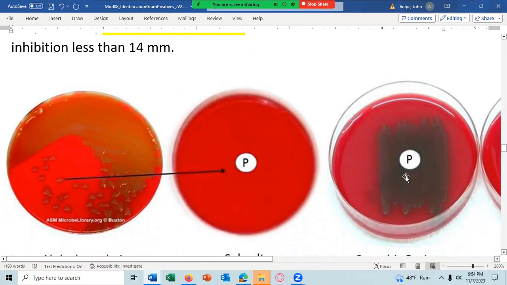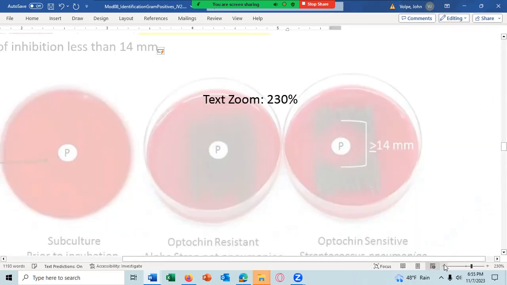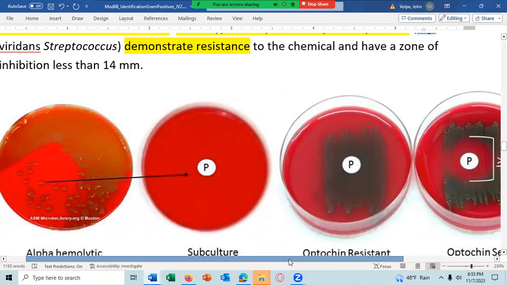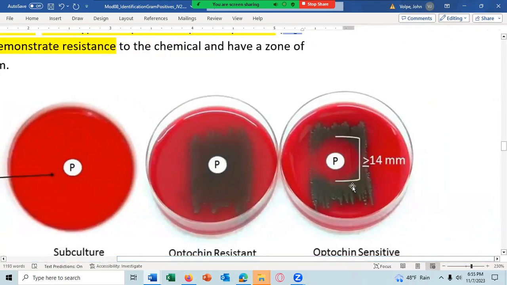And if there's no sensitivity, then it is not sensitive to optochin and it's not Streptococcus pneumoniae. If, on the other hand, it is sensitive to optochin, and the sensitivity has to be greater than or equal to 14 millimeters, or it's not sensitive, then if it's greater than or equal to 14 millimeters in the zone of inhibition, it is Streptococcus pneumoniae.